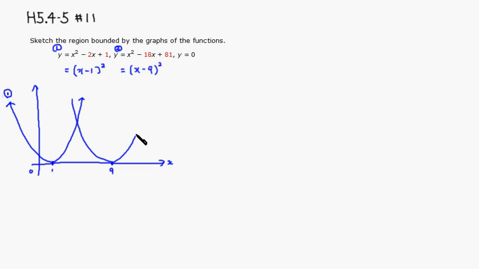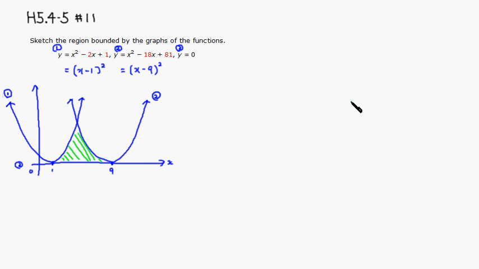Right, we got the basic shape. Then the third one, y equals 0, is the same thing as the x-axis. So this is the second guy. So we have an enclosed region, which is right here. So this is the region.